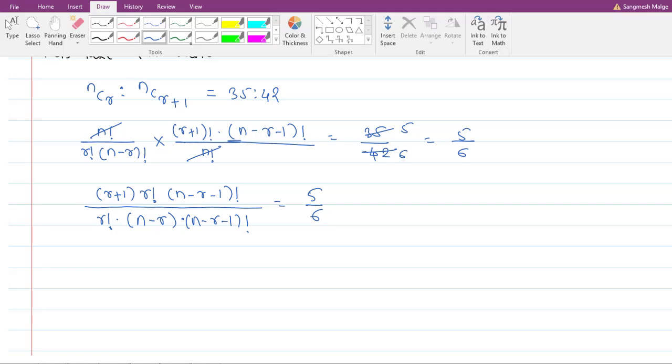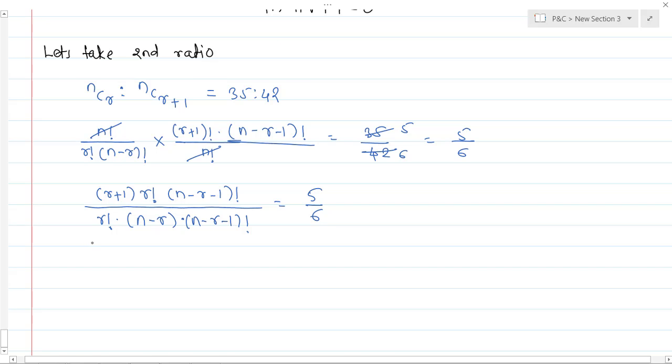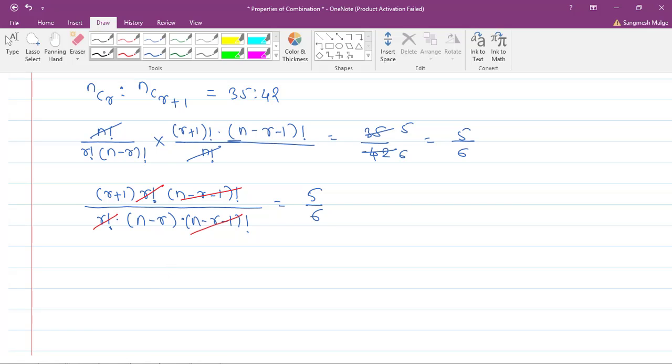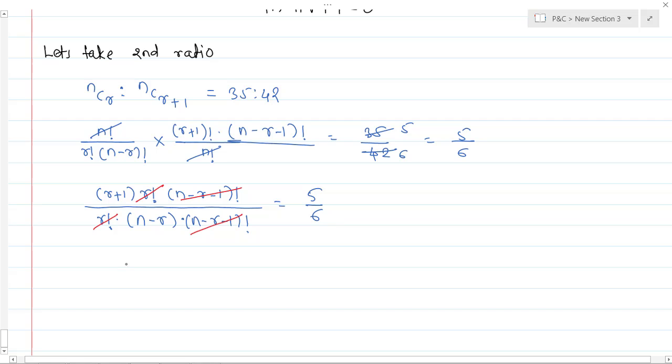Do you understand? Okay, so this r factorial cancels, n minus r minus 1, n minus r minus 1 cancel. What remains now is r plus 1. So this r plus 1 is remaining, divided by n minus r, it is equals to 5 by 6. Okay, this is 5 by 6.